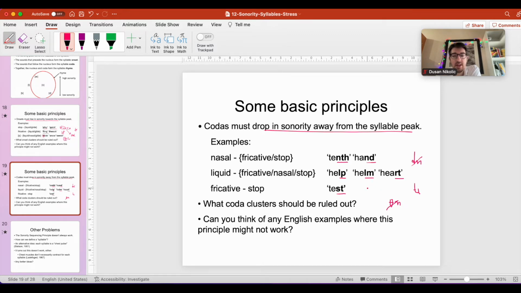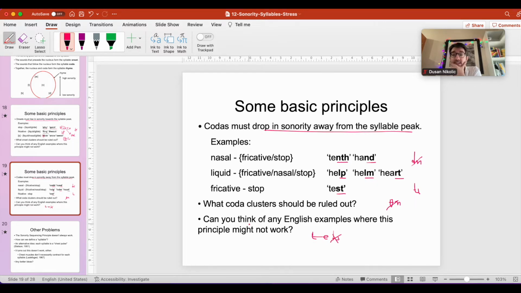Helm as well. Hamel, yeah. So most English words do follow these. Even test would be tats, which is not a well-formed word in English.